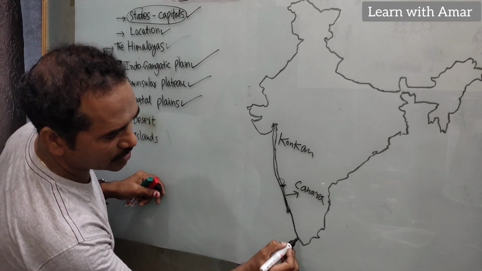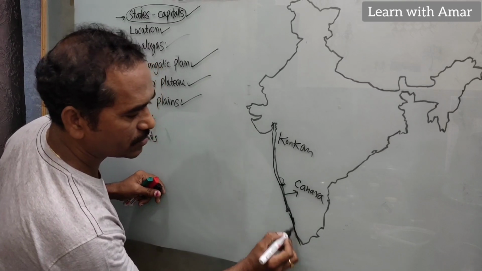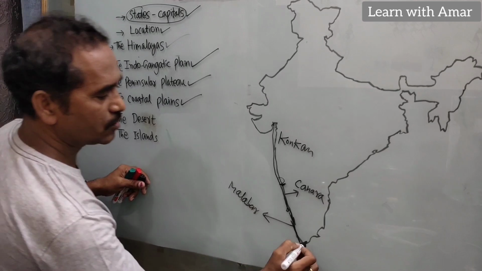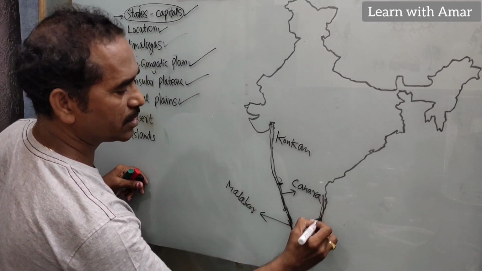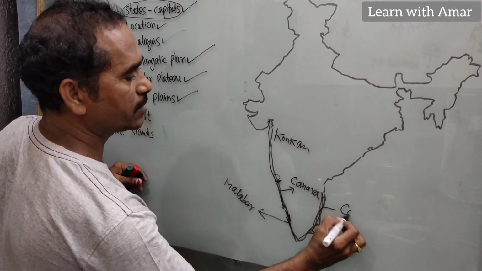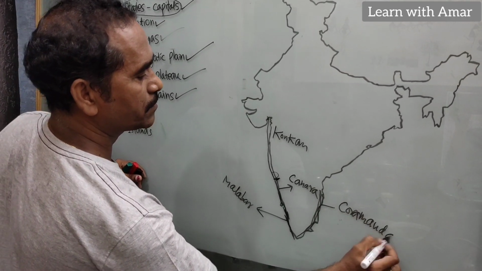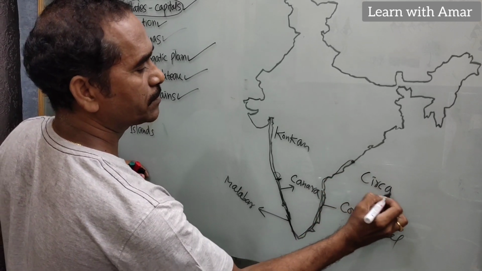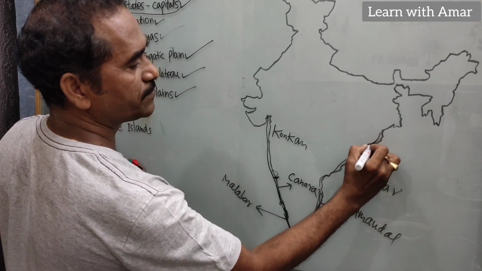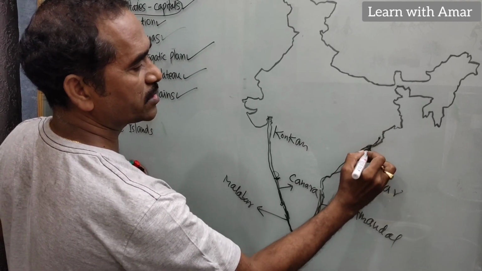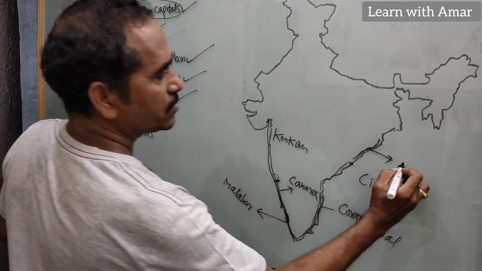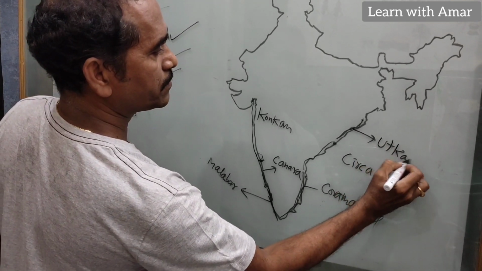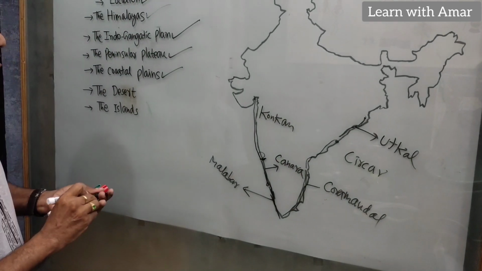And this one, total Kerala state, Kerala coast, Malabar, and go to this side, up to total Tamil Nadu coast, it is Coromandel Coast, Andhra Pradesh. This one is Sarkar Coast, and this one Odisha. Odisha up to here. What is Odisha called? Odisha, Utkal Coast.